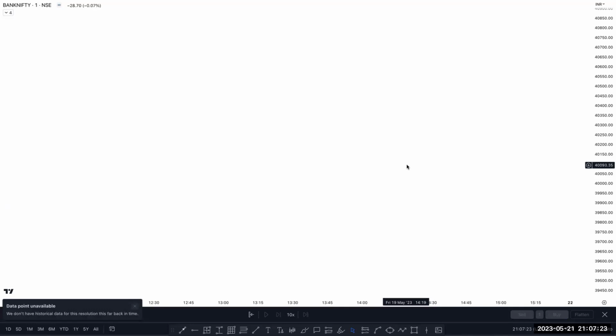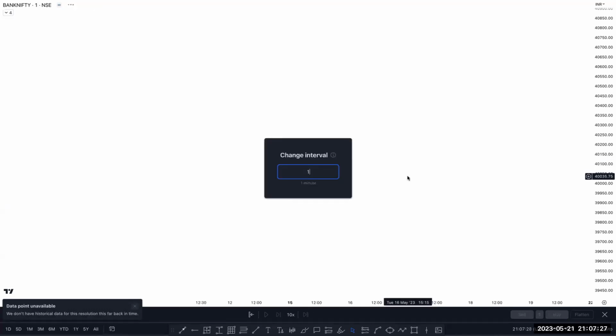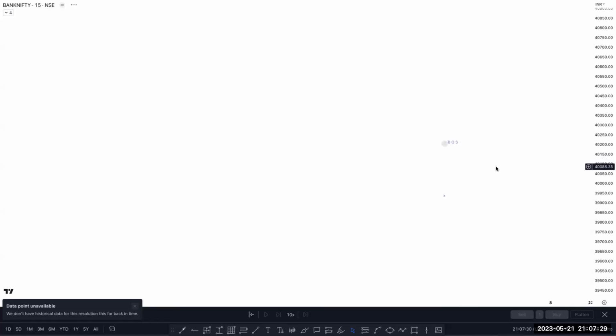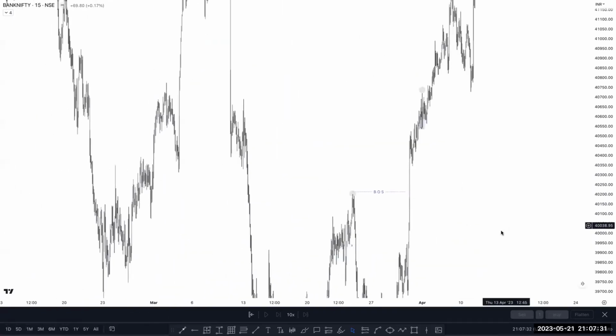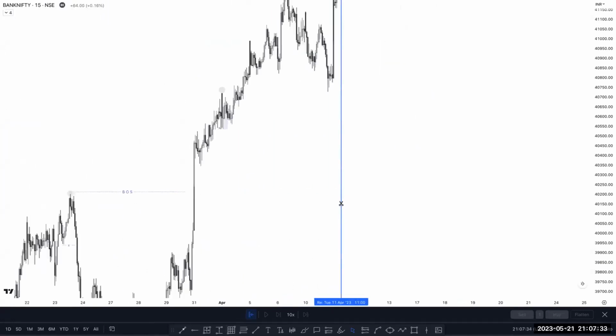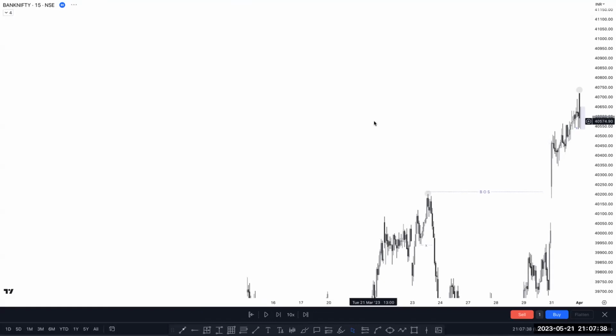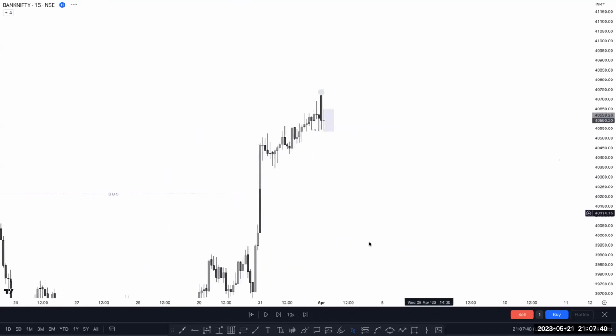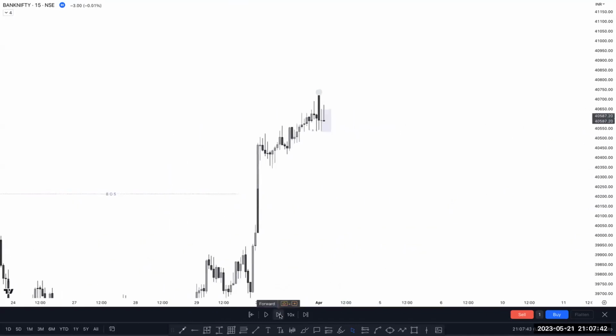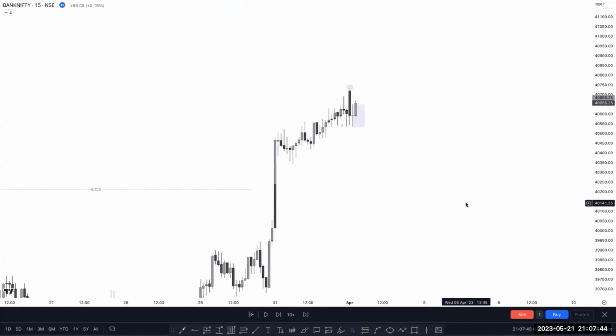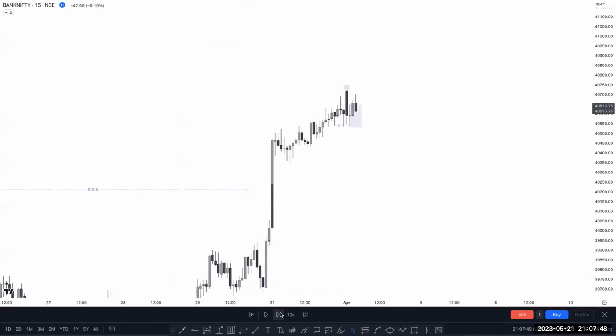What happened? Mitigate this one, order block mitigated here.